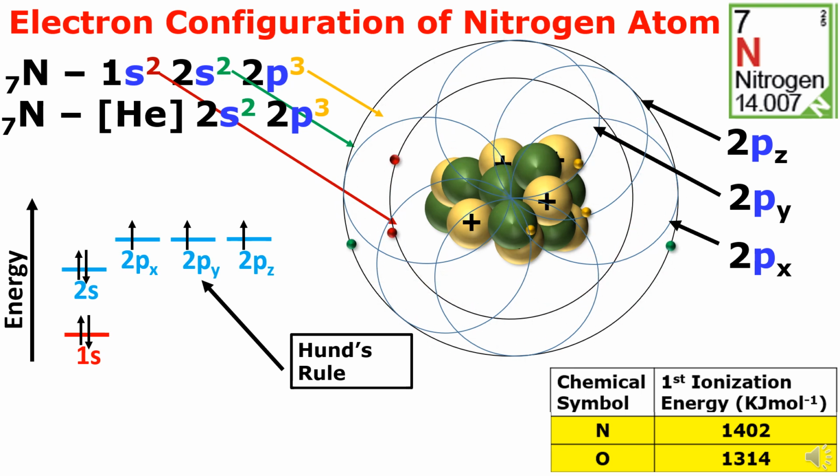Half-filled sub-energy levels are stable. That is why the first ionization energy, the minimum energy required to remove 1 mole of electrons from 1 mole of gaseous atoms, of nitrogen is higher than that of oxygen.